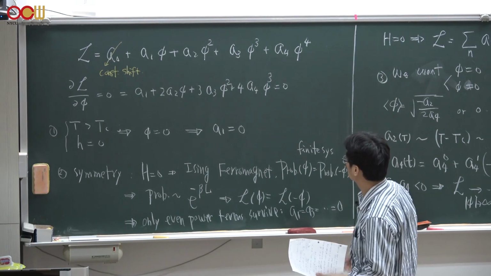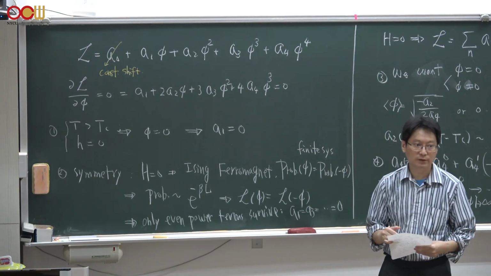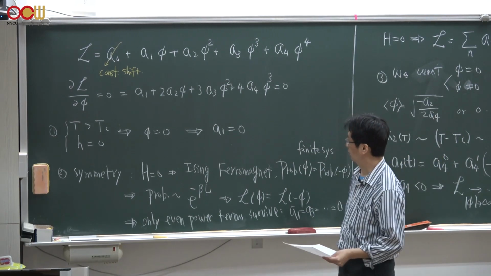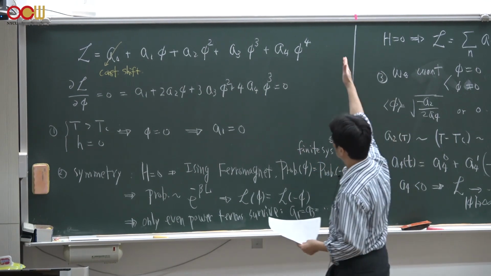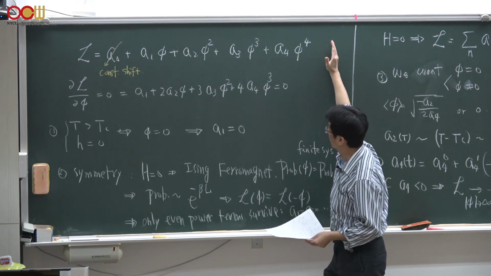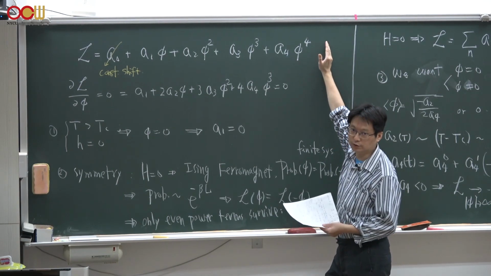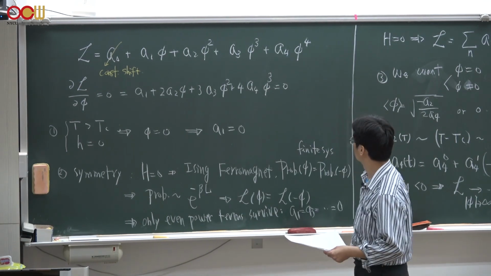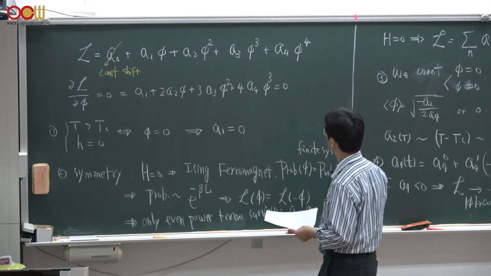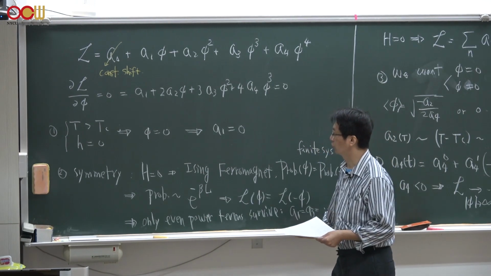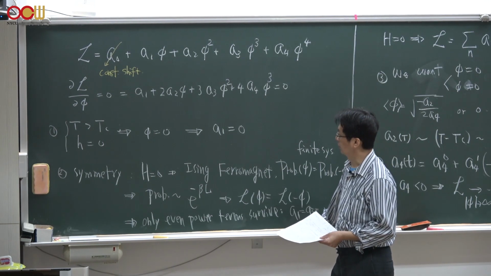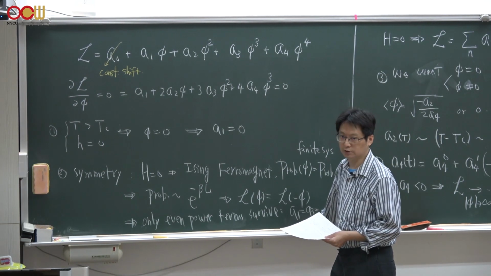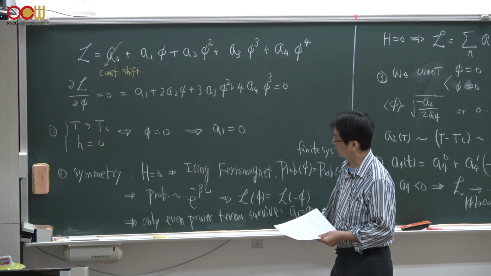To actually determine the coefficients in the power series expansion of Landau's free energy functional, as I mentioned, we could simply truncate this expansion up to just the fourth order, or quartic term, in this mean field order parameter phi, and we should determine the value of the order parameter by minimizing the Landau's free energy functional with respect to phi.